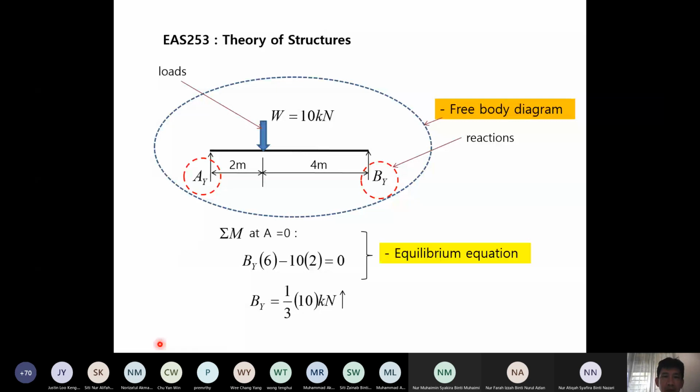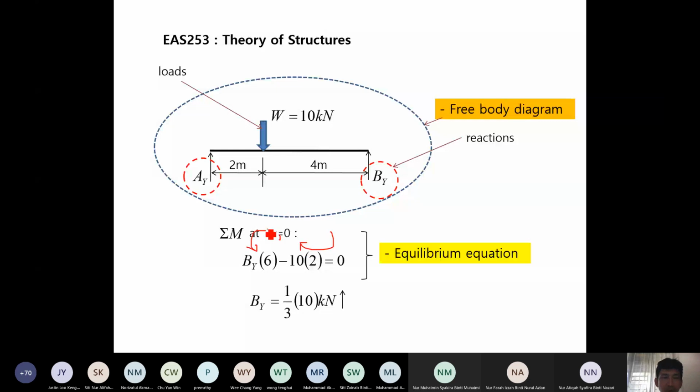6 multiplied by By, so taking moment at A, this is the direction of the moment. And then the next one is this, multiplied by 2, 2 multiplied by 10, and you get a moment like this. This one we consider as counterclockwise, positive, and clockwise as negative.